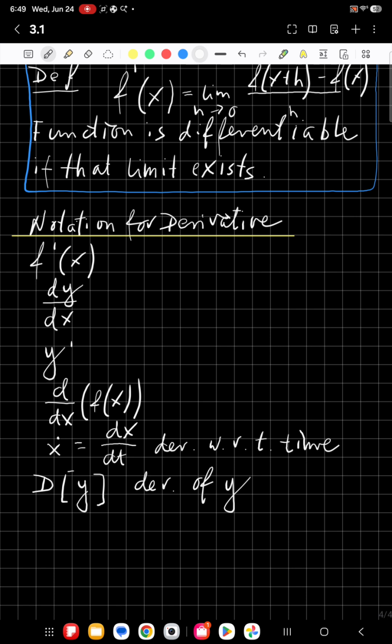Okay, so let me give you a couple examples of calculating derivatives. So this is, I think, example 1.